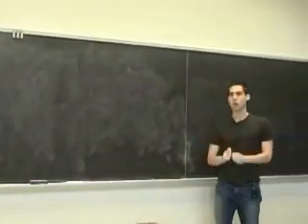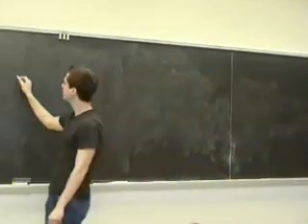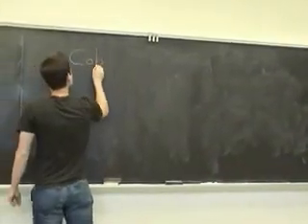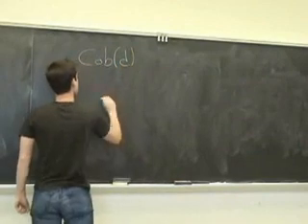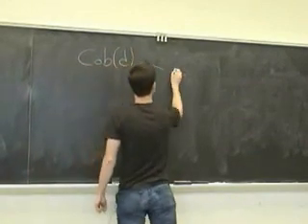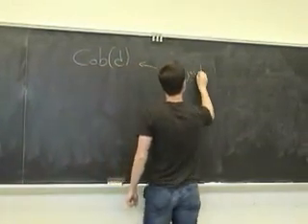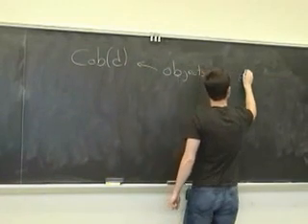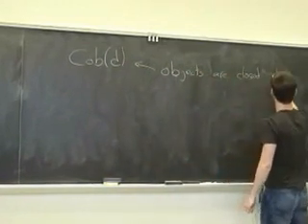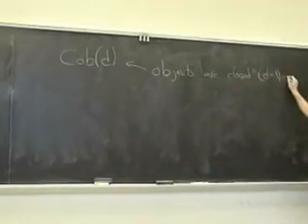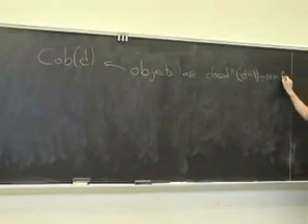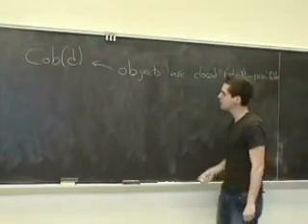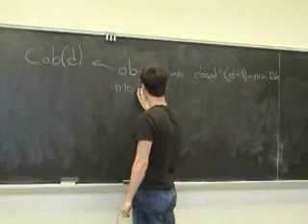So closed manifolds of a fixed dimension can be organized into a category. Let me introduce a category which I'm going to call Cob-D. Cob-D is a category whose objects are closed manifolds of dimension d minus 1. And the morphisms are given by Cobordisms.